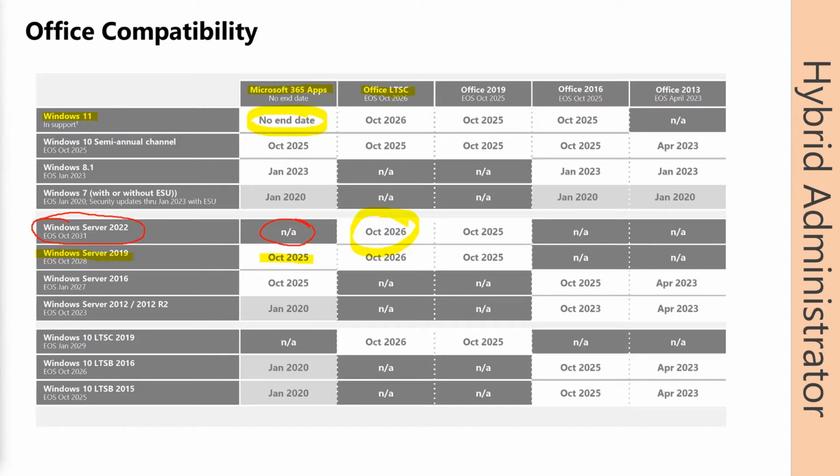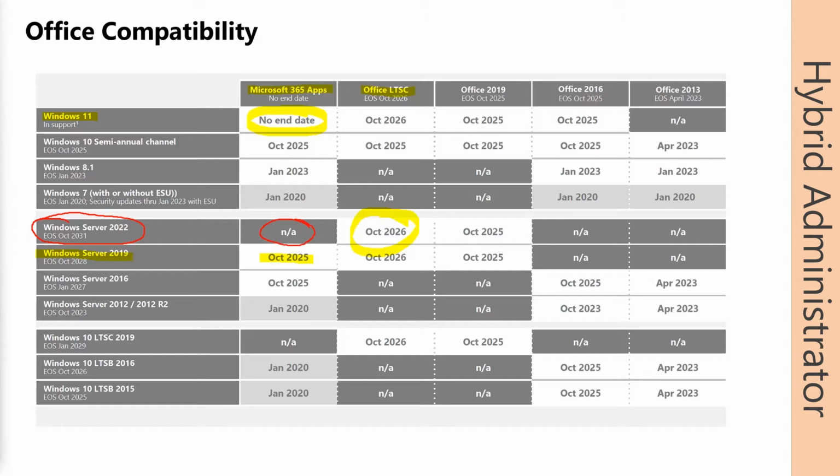And this is the reason why Microsoft in the future will be focused more on bringing together the compatibility for modern lifecycle apps and operating systems on the one side, and on the other side, the compatibility between long-term servicing channel OS platforms and long-term servicing channel applications.